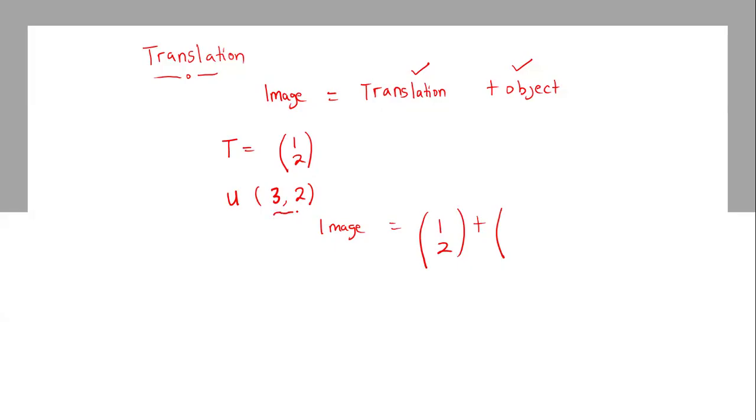You convert this object into a vector as (3, 2). So this will give us 1 plus 3, then 2 plus 2, and you'll end up with 4 and 4. Then you conclude that your image, which we always put as a prime, is going to be located at (4, 4). So that is what happens in case it is a translation.